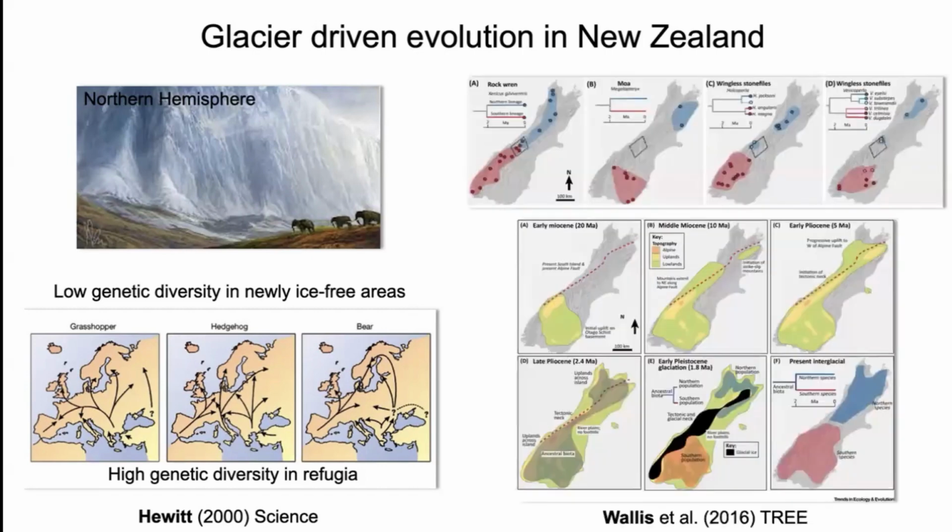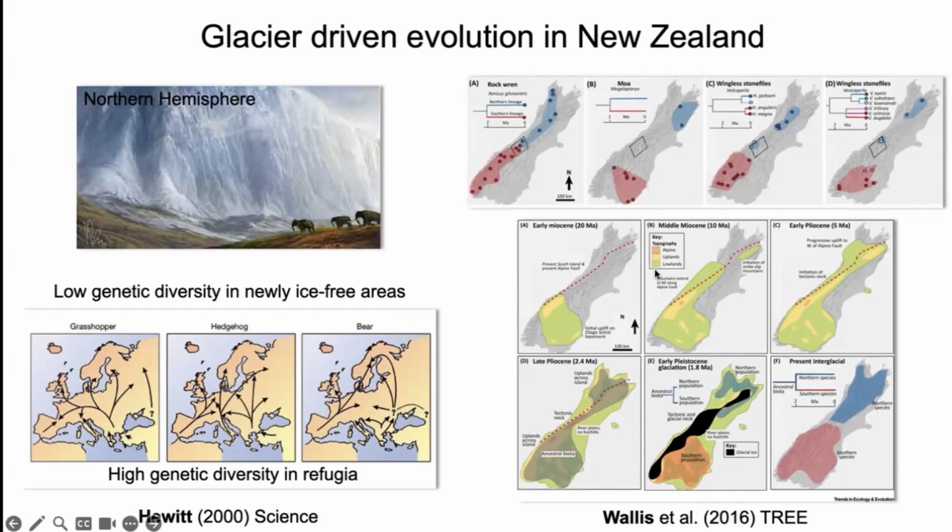Yet a lot of the evidence that's coming out with some ancient DNA stuff, so some stuff I've done on moa, but also stuff looking at modern DNA out of rock wren and some of our invertebrates and lizards, has shown that glaciation in temperate areas, so like the Himalayas, the Pyrenees, the Andes, New Zealand, can be quite a creative force.